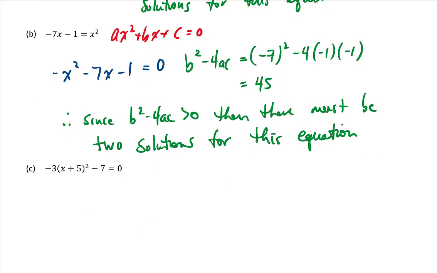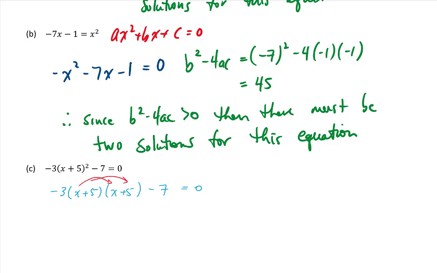All right, next one. We have negative 3 times (x plus 5) squared minus 7 equals 0. So the first thing most students will do is expand this expression, so we can get it in our standard form.